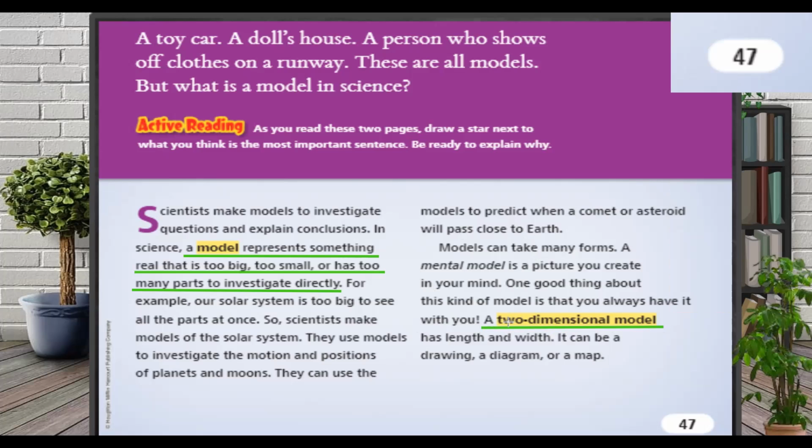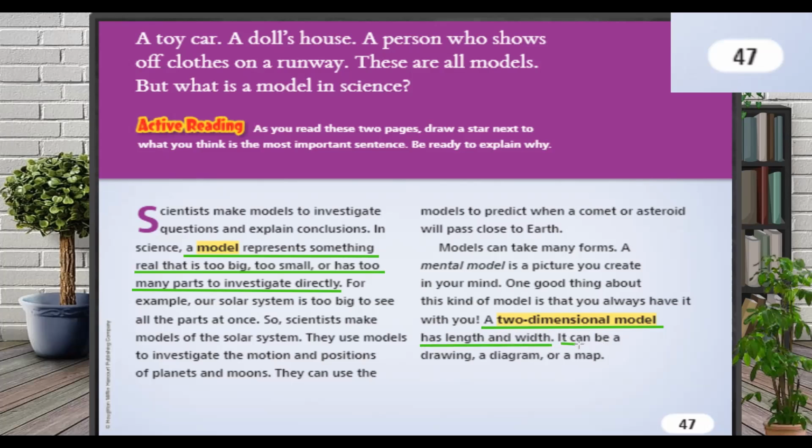Now I want you to read for me the meaning of two-dimensional model. So a two-dimensional model has length and width.